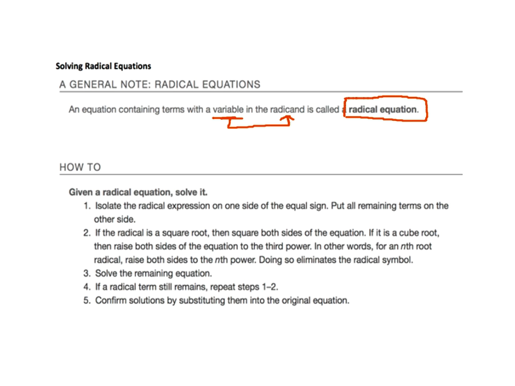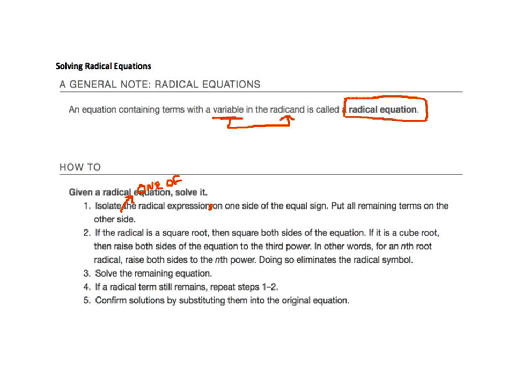Okay, so how do we solve these? The first thing you want to do is isolate the radical expression. You could have more than one radical expression, so I would add in here: isolate one of the radical expressions on one side of the equation.